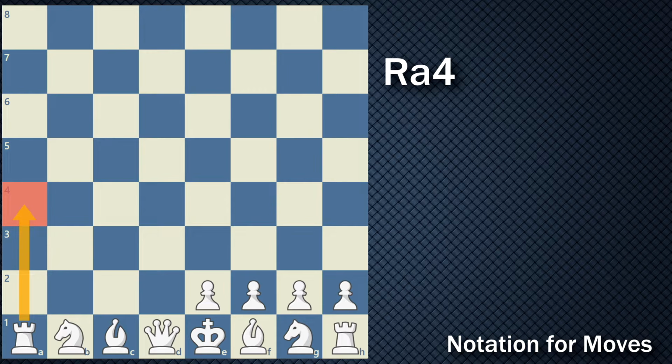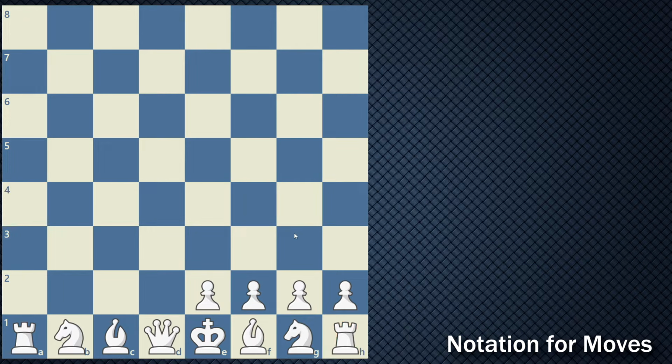This simply shows that this rook is moving to a4, because it is the only rook that can move to a4. You might wonder why this other rook can't move to a4: because it cannot jump all the way over here. White has only one rook that can move to a4.